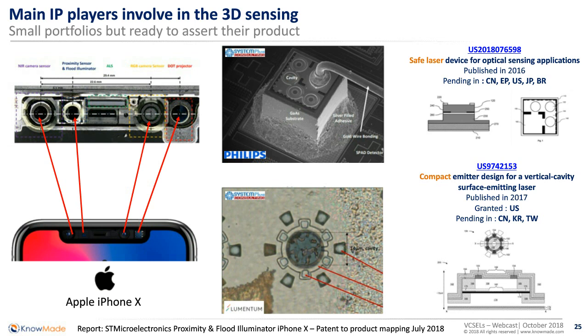As you can see on this slide, which is a small part of our patent to product mapping that we did in July of this year, Lumentum or Philips are already filing patents. They are not granted yet, but they are directly related to their VCSELs that are in the iPhone 10 product.